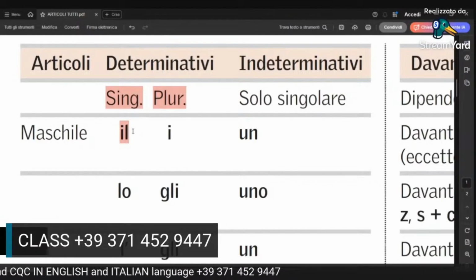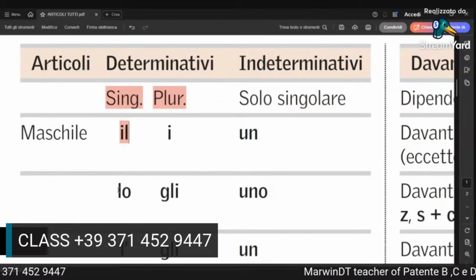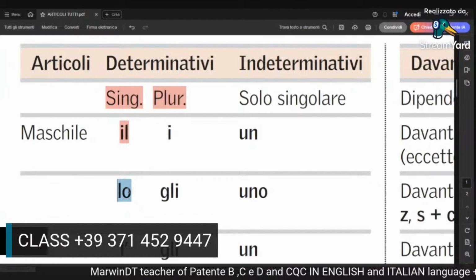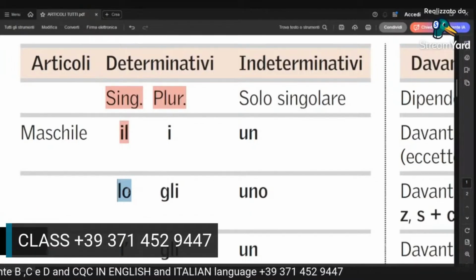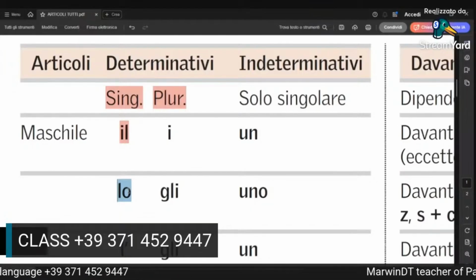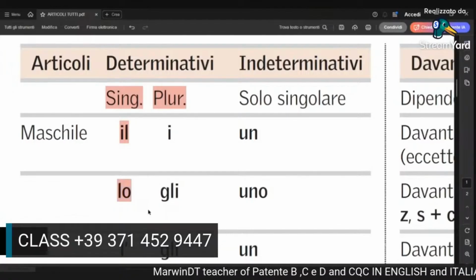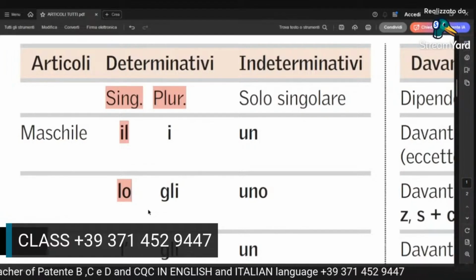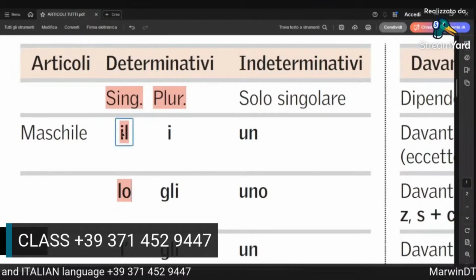Again, the singular masculine is lo. The singular masculine is also what? Lo. Now, as we move forward, we'll see all the differences. Very good. So now, the singular masculine is il.